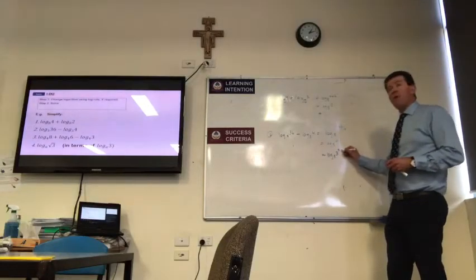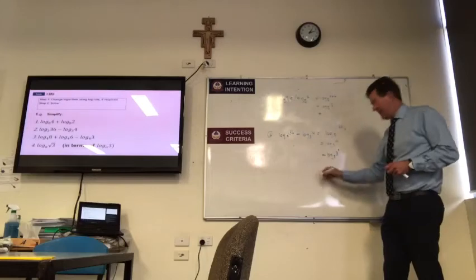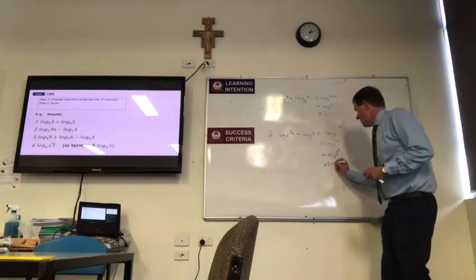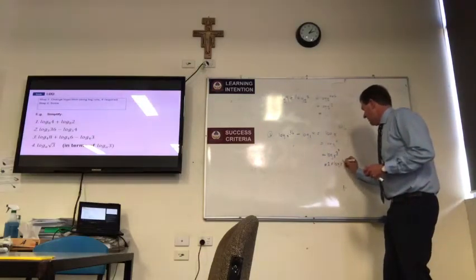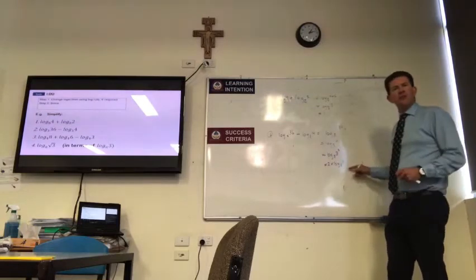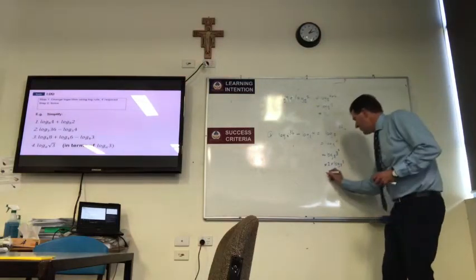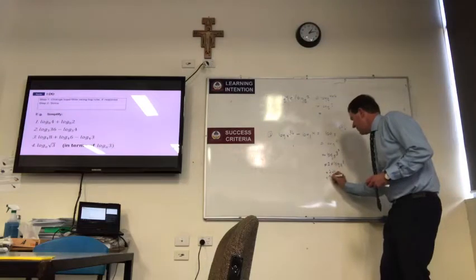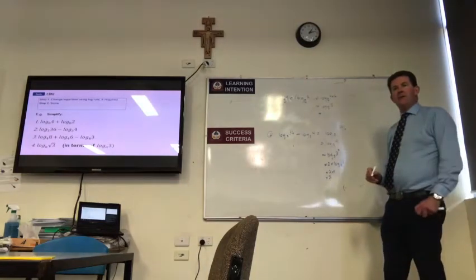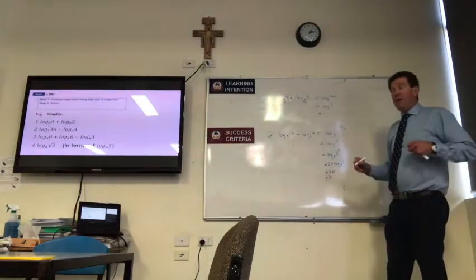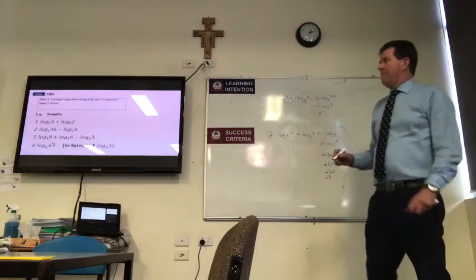When I have a power, what do I do with it? Bring it down the front. So I get 2 times log base 3 of 3. And log base 3 of 3 is? 1. So I get 2 times 1, which is 2. Why are we doing this? In a second. All right, third one.